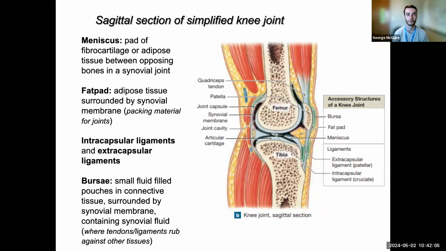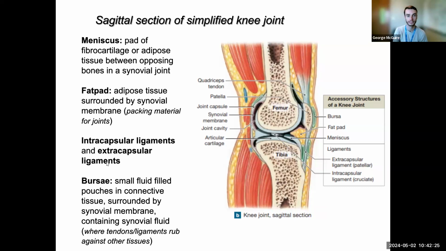So fat pads are going to shift and change in shape as your joints move. Whereas a meniscus is already located in those areas where the friction is going to be common, the fat pad changes shape and shifts to fill in the spaces that are created as the joints move.